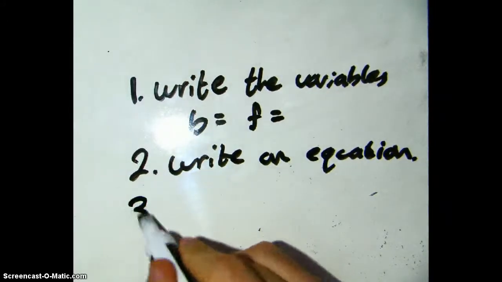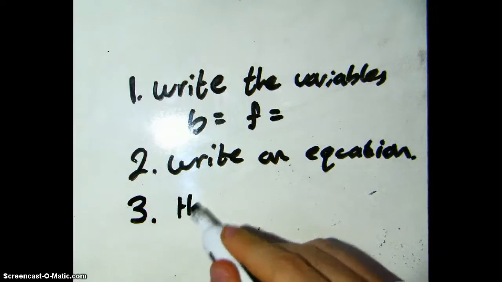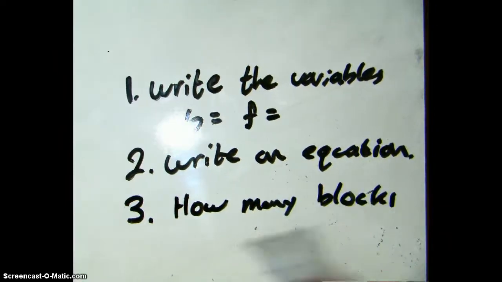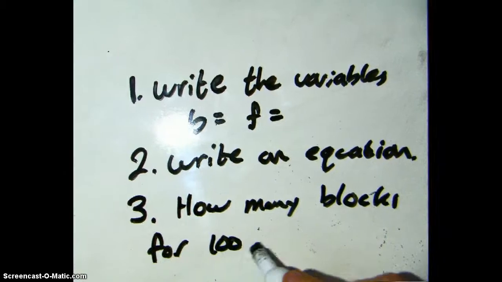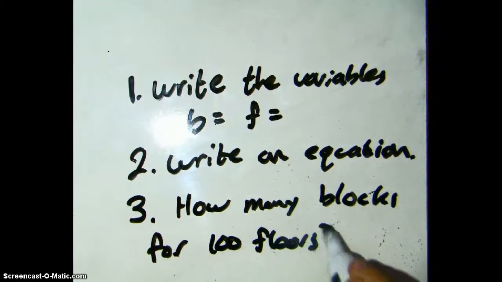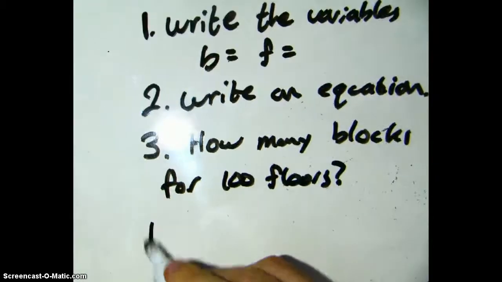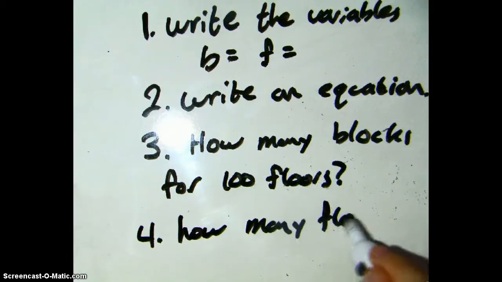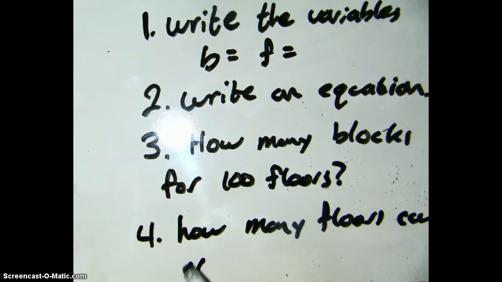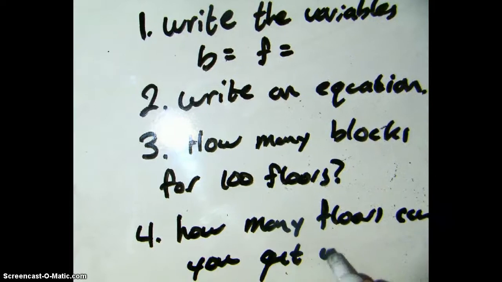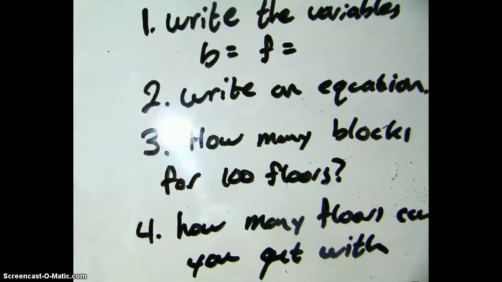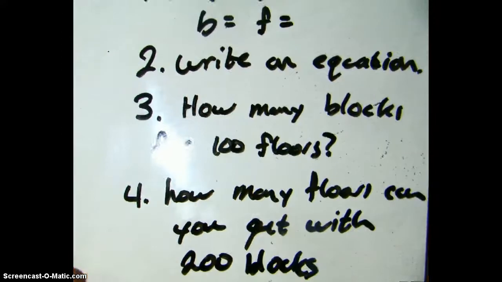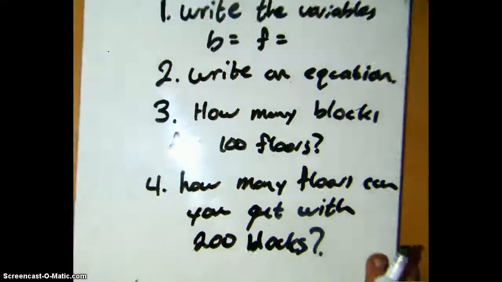Number 3, just like I did, how many blocks for 100 floors? And how many floors can you get with 200 blocks? Okay, so those are the 4 things I want you to do.